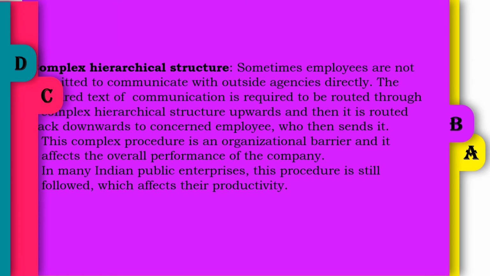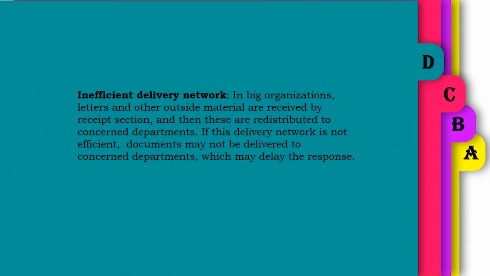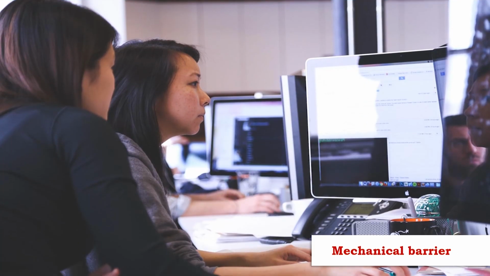Then there is a complex hierarchy within an office, so communication is difficult. Then there are cumbersome rules in an organization, so people do not feel comfortable. And sometimes there is an inefficient delivery network, for example, in a receipt section. Mechanical barriers, we talked about transmission interruption, outdated instruments, power failure.